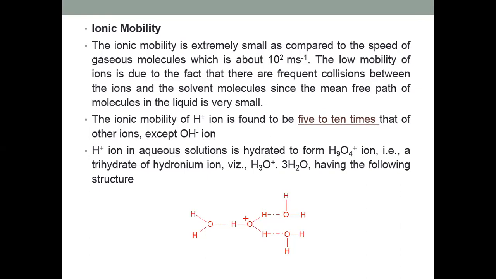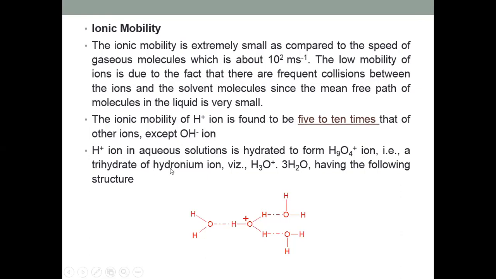All right. So over here, the ionic mobility of the H ion is found to be 5 to 10 times that of other ions, except the hydroxide ion, which is, I think, twice or thrice. So the mobility of the H ion is found to be 5 to 10 times more than that of other ions, right? And why is that so?